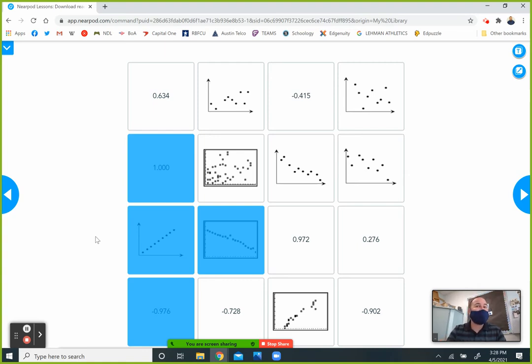Ethan, see if you can finish doing the scatter plots, the matching on your screen. You awake, Ethan? See if you guys can finish matching the scatter plots, and it'll tell you too.